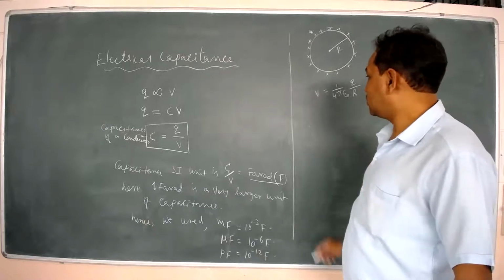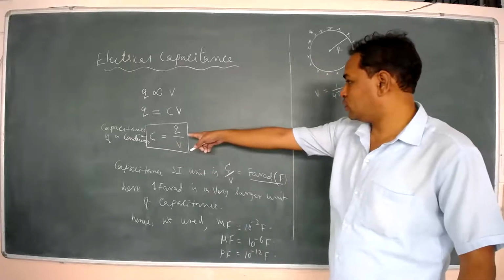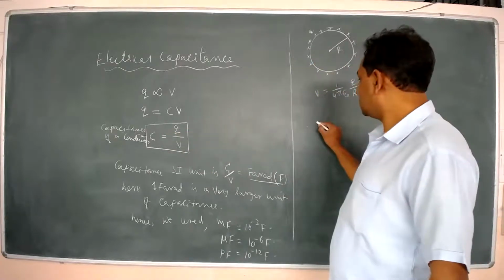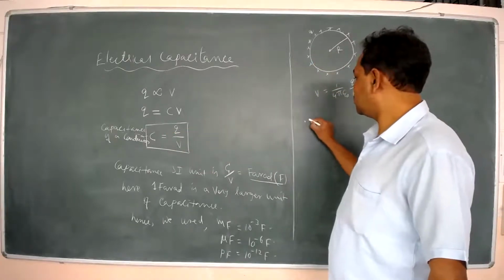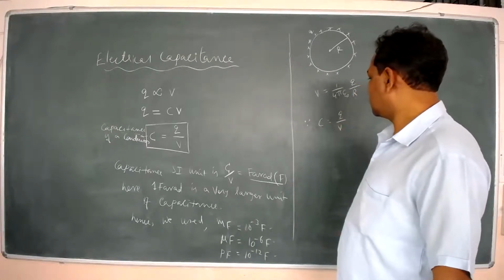From the definition of capacitance, we know that C is equal to charge by voltage.